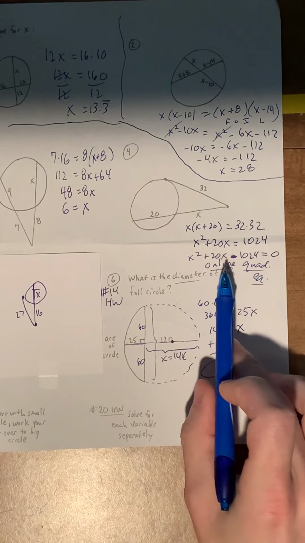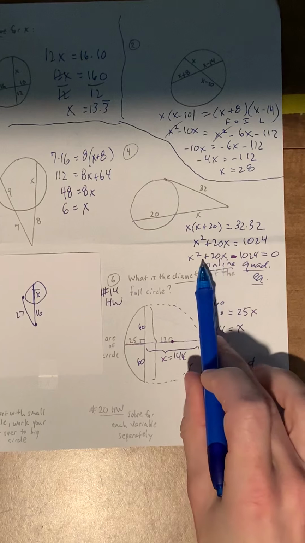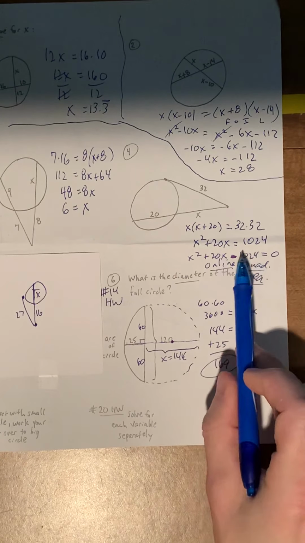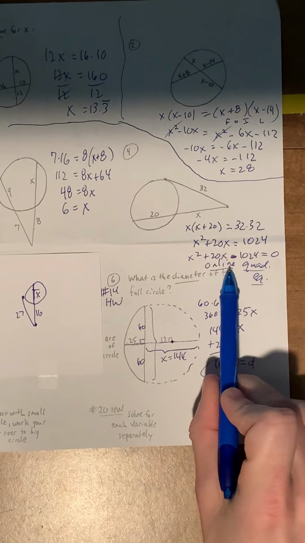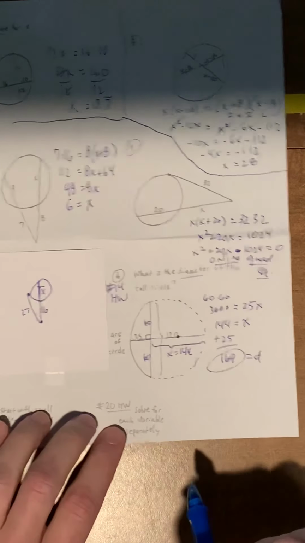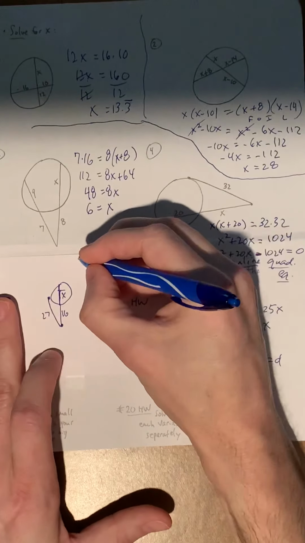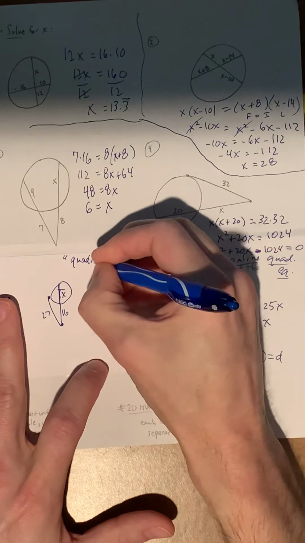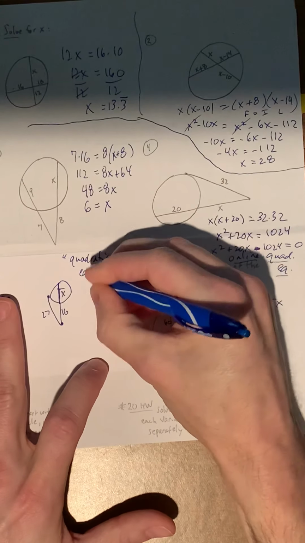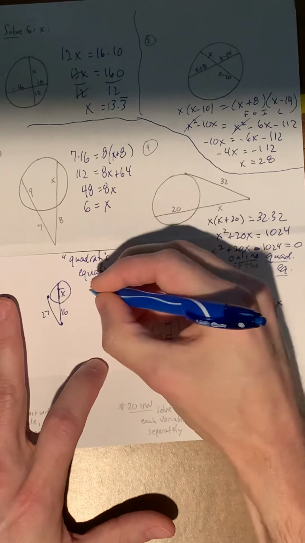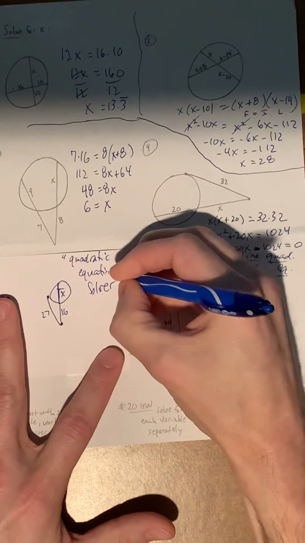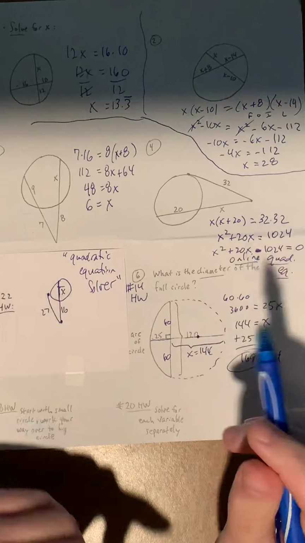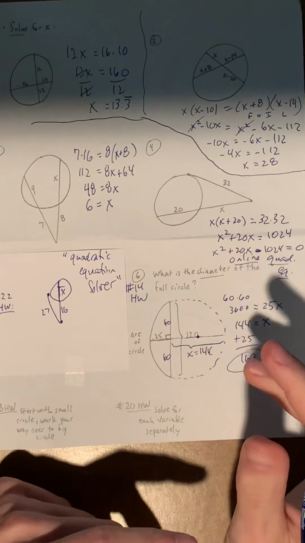If you guys get a problem or two in the homework where you have a quadratic equation and you're not sure if it's factorable, if you just want to solve it with a solver online, you can. If you search online, quadratic equation solver, the first link or two, if you click on it, you should have a lot of links available.